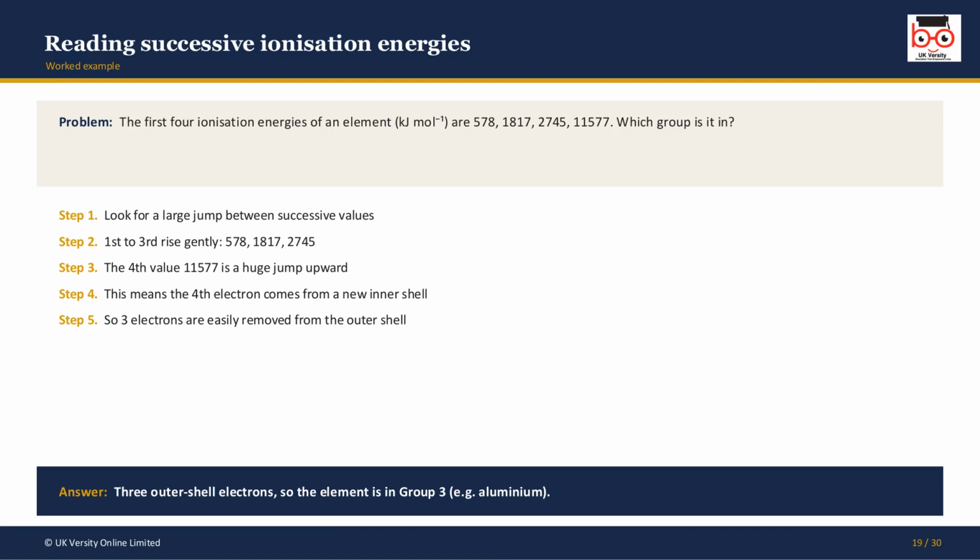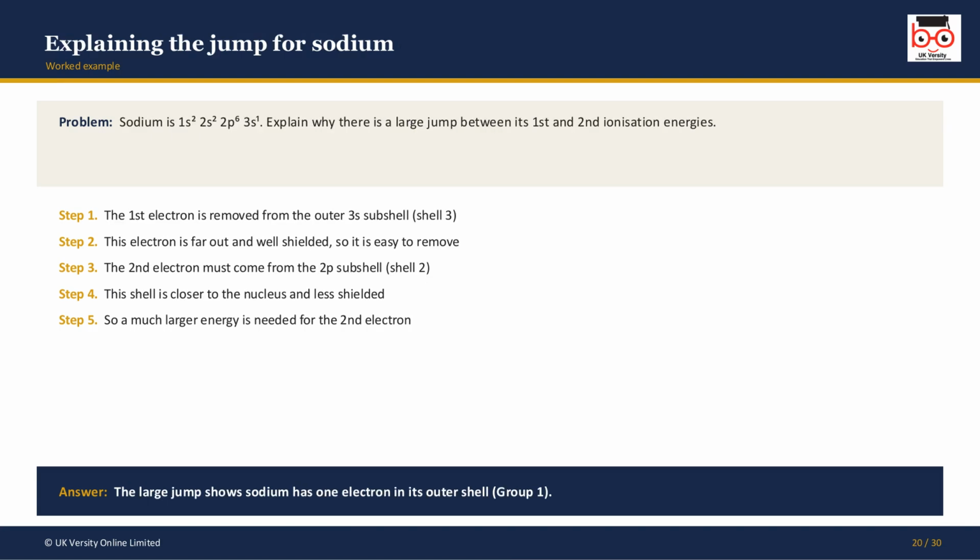Let's explain a jump using sodium, which is 1s2, 2s2, 2p6, 3s1. Why the large jump between its first and second ionization energies? The first electron comes from the outer 3s subshell, out in shell 3.